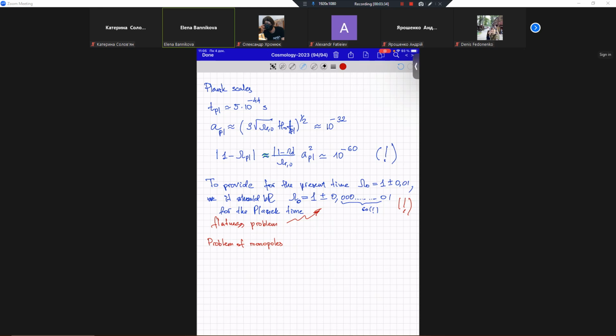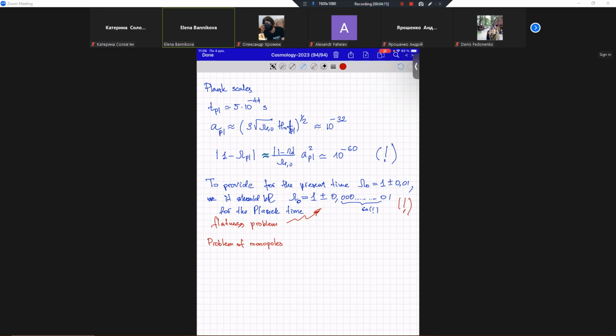We don't observe such an object. So there is a question: if such a theory predicts the existence of the monopole, does it mean the theories are not right and need to be refused? Or maybe we can't observe it because it's a really very rare object. This is also one of the problems for Friedman cosmology.